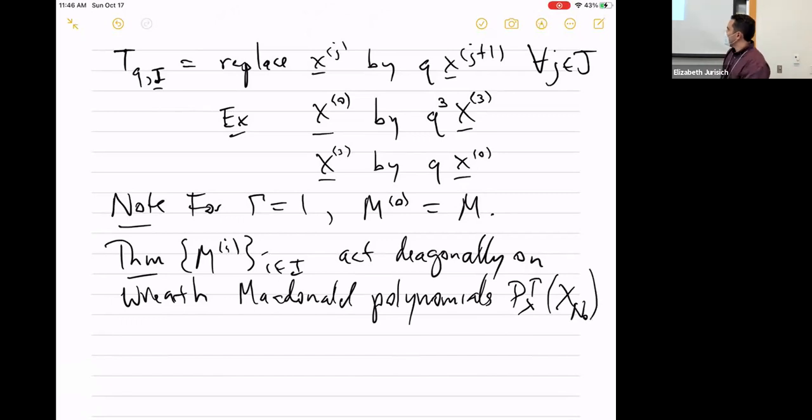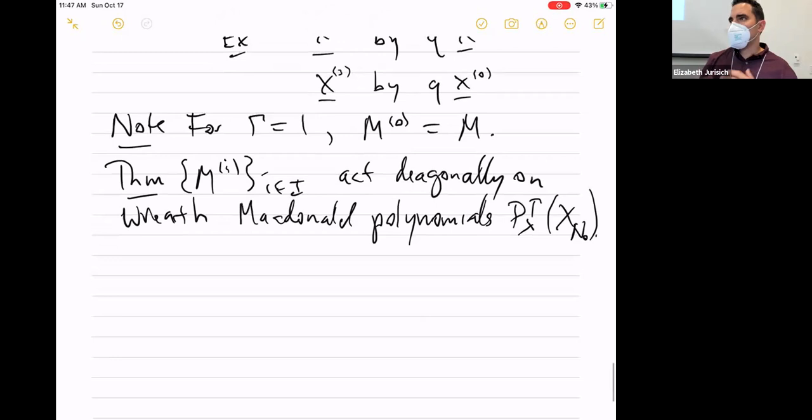Okay, so the best thing you can hope for, and their eigenvalues are basically the same as they were in the ordinary case, except they're separated. So it's sort of great, everything is graded by I, and so you get the natural eigenvalues that are in fact very useful. So in Macdonald theory, if you want to use these operators to do anything, like Macdonald's original operator, you need to know the operator explicitly and the eigenvalues.